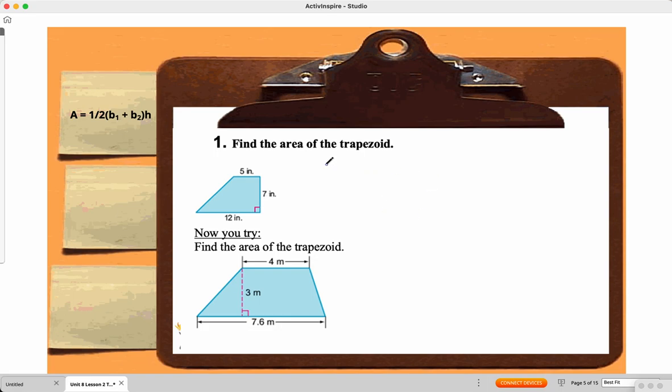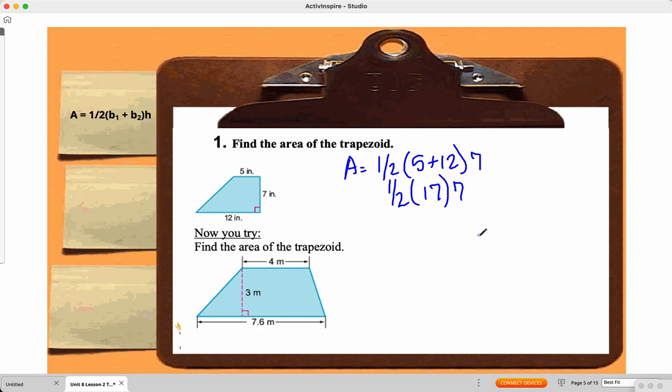So if we find the area of this trapezoid, we're going to use my formula. Area equals 1/2, base 1 is 5. And it doesn't matter which one's base 1 and base 2 as long as you have the two parallel sides. 5 plus 12, times 7. That's our height. So we can put this together. We have 1/2 of 17 times 7.